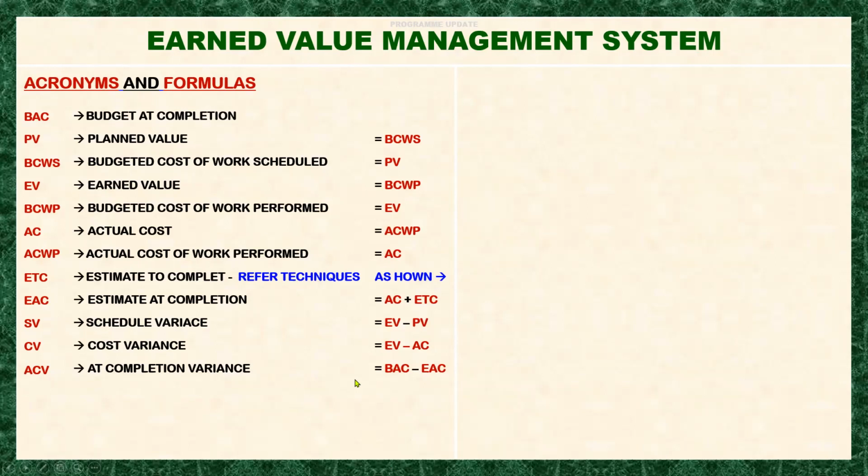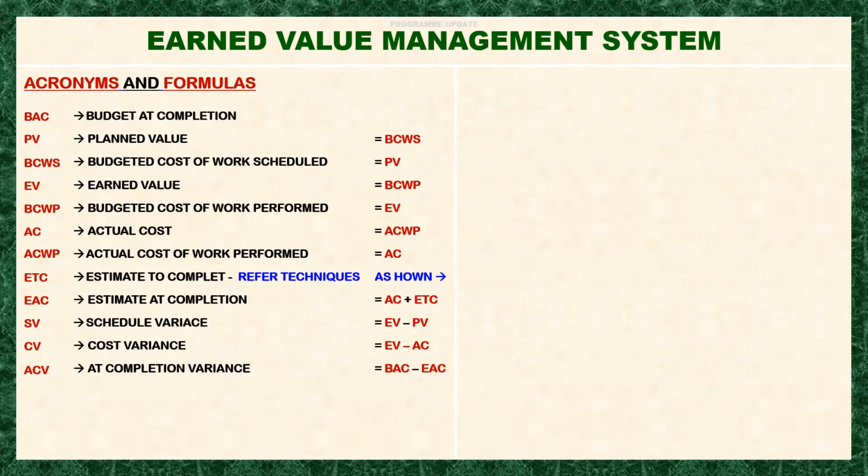If you are spending too much and your project is extending, of course there are additional costs, additional expenses, right? So if you can see that your at completion variance is negative, you have to plan for control measures.